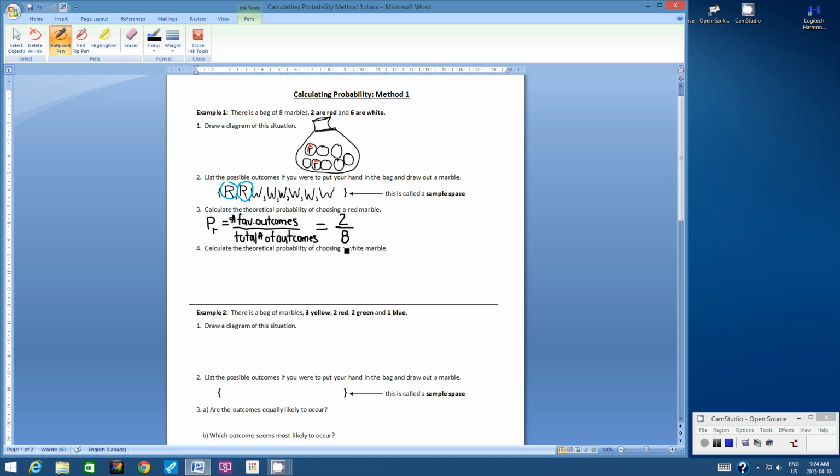Now, when we express a number as a fraction, we always have to ask ourselves, is it in lowest terms? So when the numbers are even numbers, it's easy to determine whether it's in lowest form or not. We know that 2/8 can be reduced to 1/4. Okay? So remember in our last note, we said that probability is always expressed as a fraction.